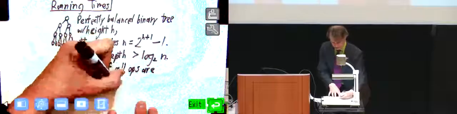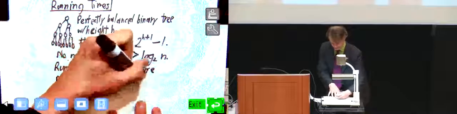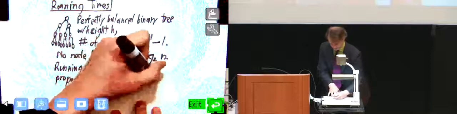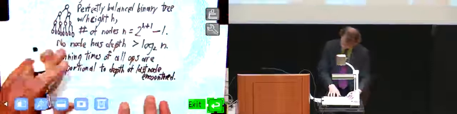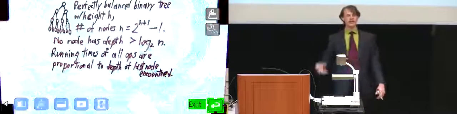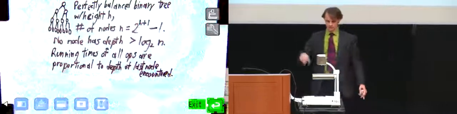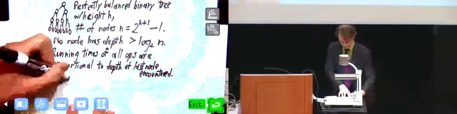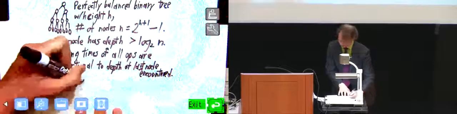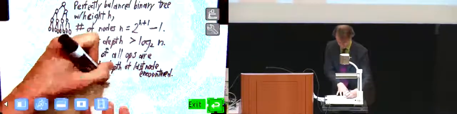To be precise, the running times are proportional to the depth of the last node you encounter. So, if you have a perfectly balanced tree, then all the operations run in order log n time on a balanced tree.